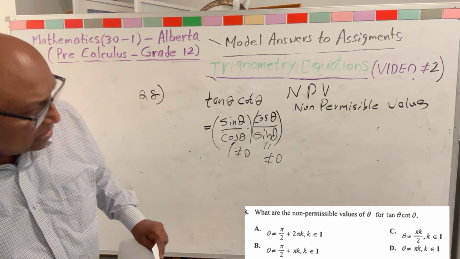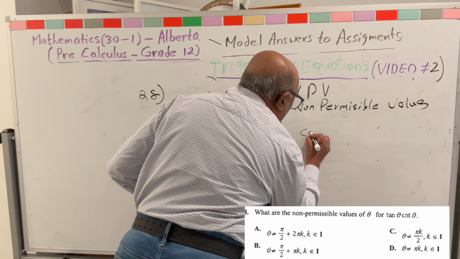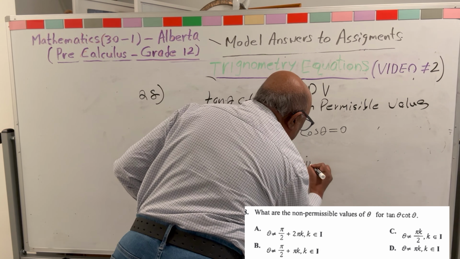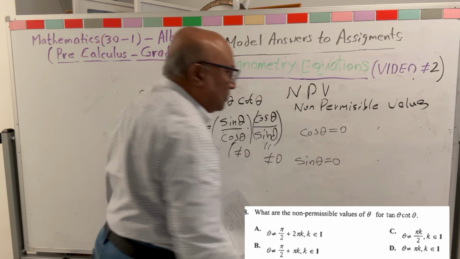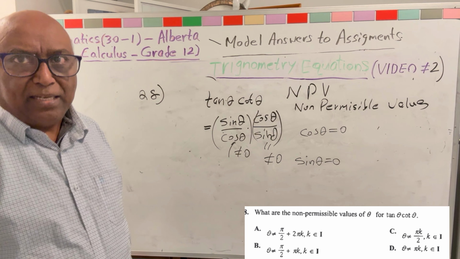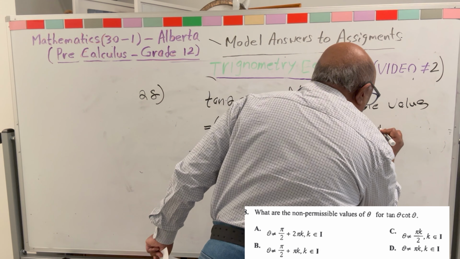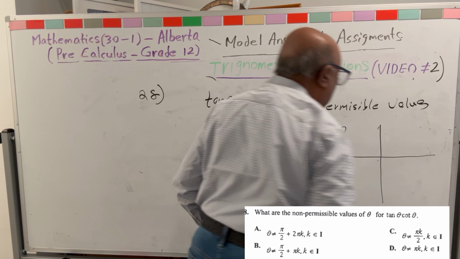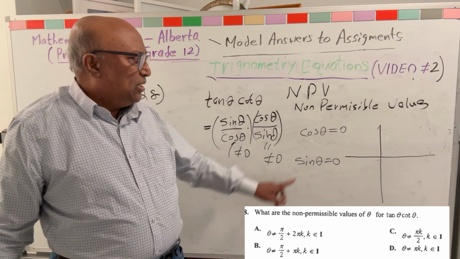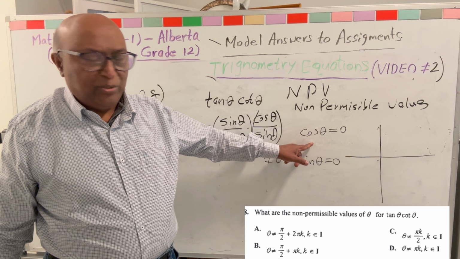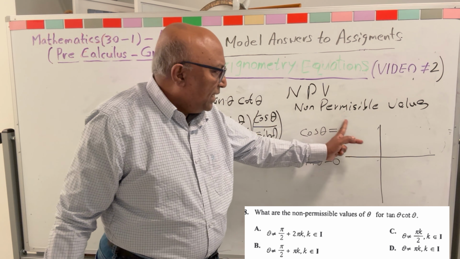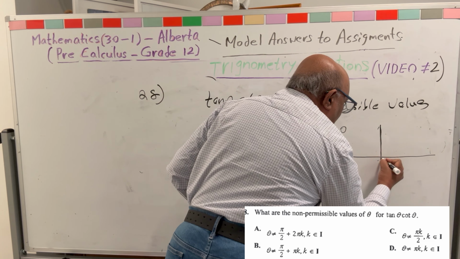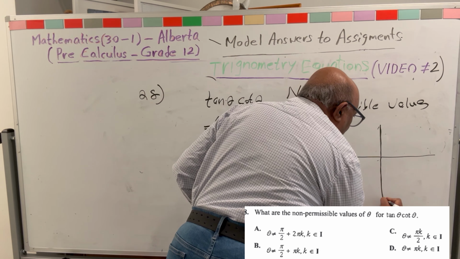Okay, now let's say cos theta equals 0, what happens? Also when sin theta equals 0, what happens? Let's try to understand the situation using our quadrant diagram. From the knowledge of trigonometry, you know cos theta is equal to 0 in these two positions. These are called quadrant angles.